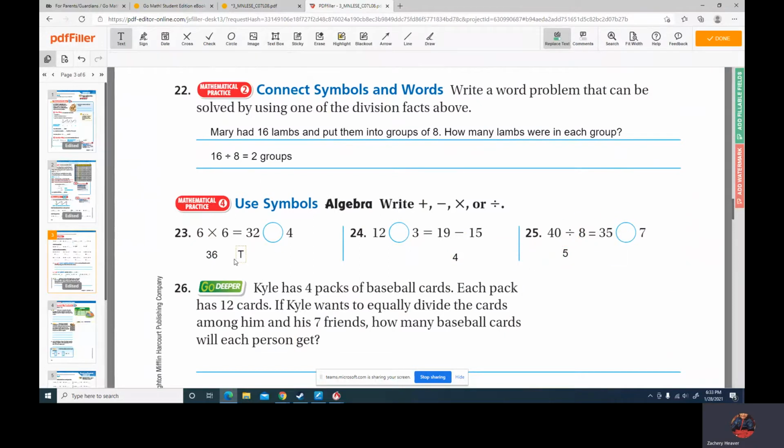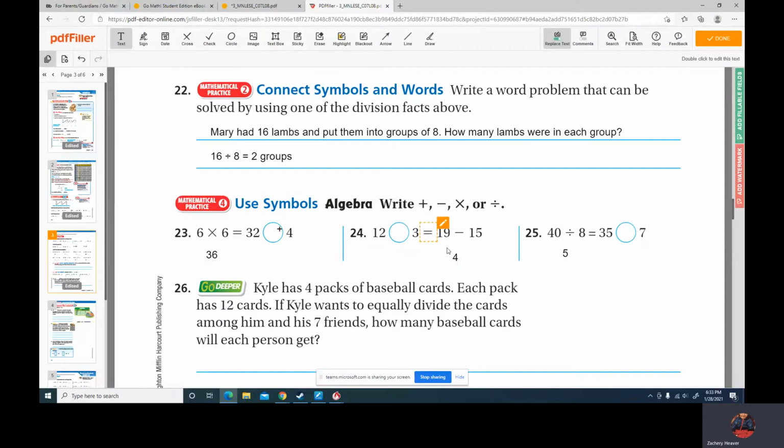So we have to make this equal 36. 32 plus, I already said it. It's going to be plus. I'm not sure if I'll be able to get it in there. Hold on. Nope. Plus. Good enough. So I know 32 plus 4 makes 36, so that's true.